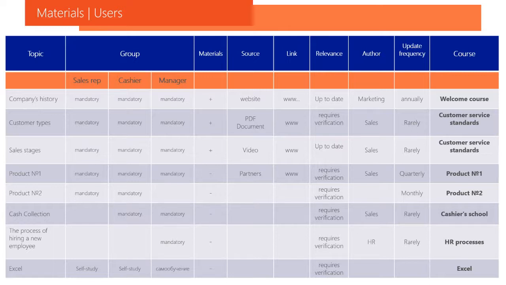We can see here, for instance, sales representative, cashier, and manager. Company's history is mandatory for all of these groups, of course. Customer types also is mandatory for all of these groups, of course. And for instance, Excel is for self-study.